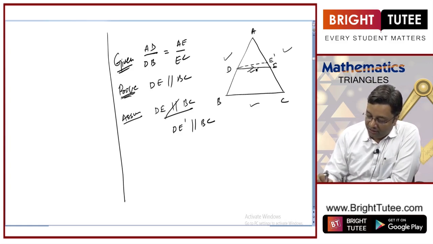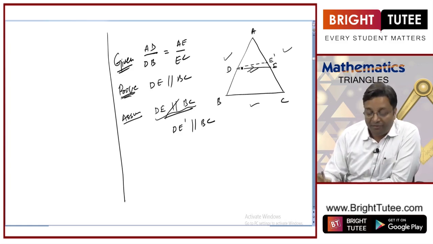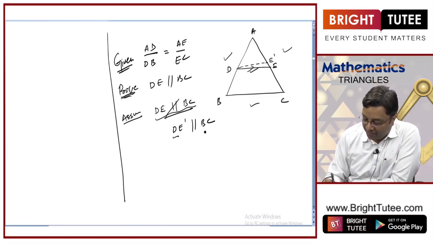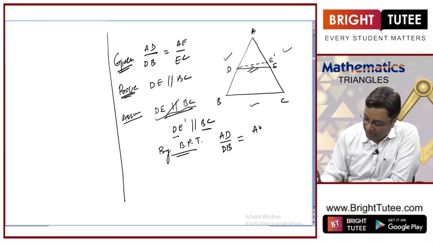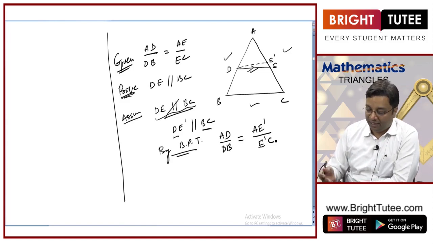Okay. So, if DE is not parallel, right, we are proving it by contradiction, then there should be some other side which should be parallel. Let us say it is DE dash. Now, if DE dash is parallel to BC, by basic proportionality theorem, we can say that AD by DB is equal to AE dash by E dash C, right. We can apply basic proportionality theorem on it, right.